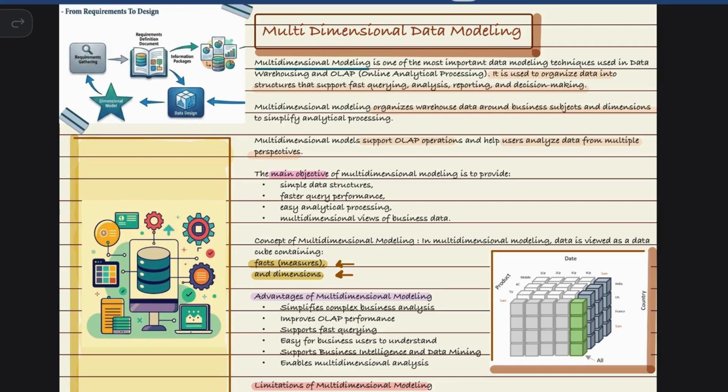We'll discuss what that is. And data redundancy also happens, and there is a large storage requirement for multidimensional modeling. Alright, I hope you got the idea of what data modeling is, and that too multi-dimensional, how data is converted into a 3D cube and analyzed at the same time.